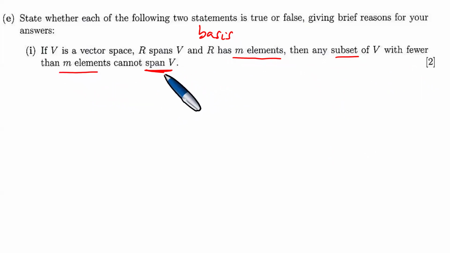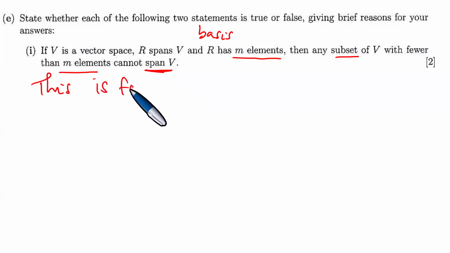So obviously, a subset of V with fewer than M elements can span V. Obviously, we make mention of the fact that this claim itself is false.